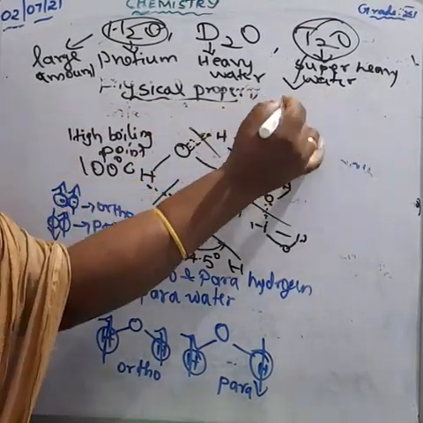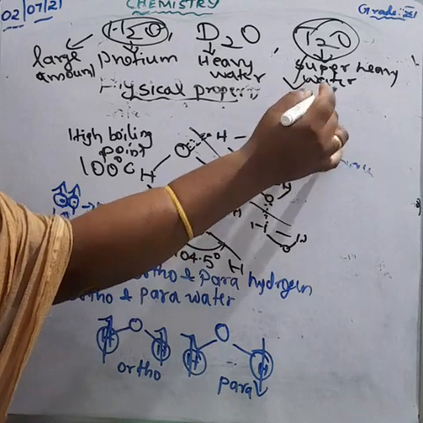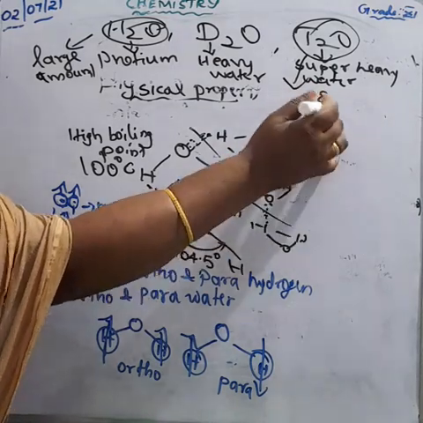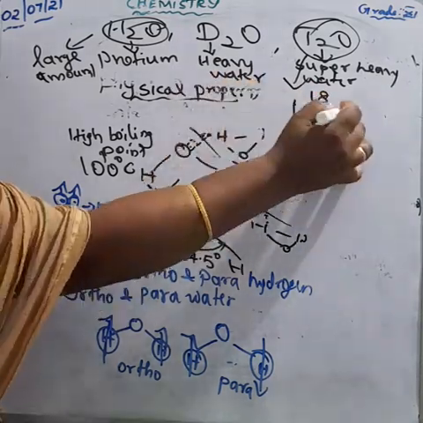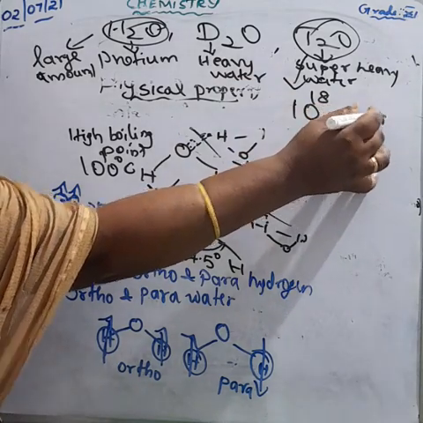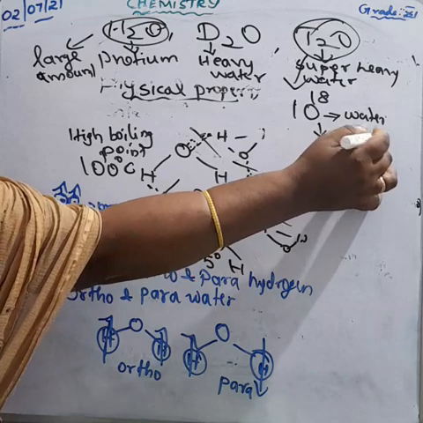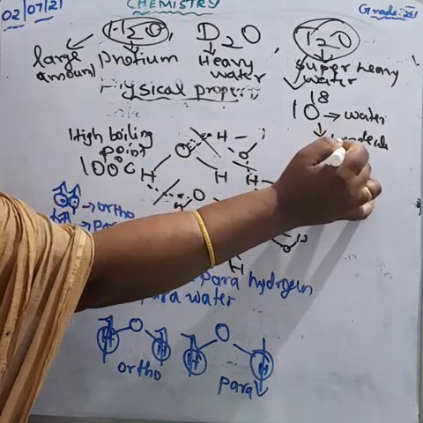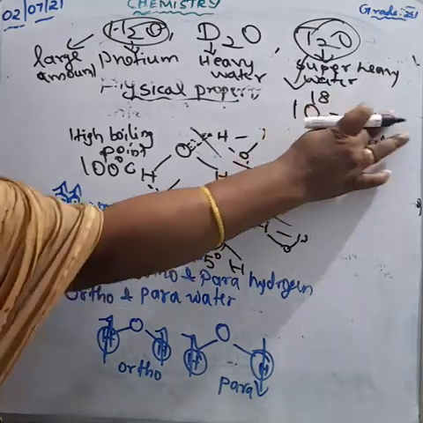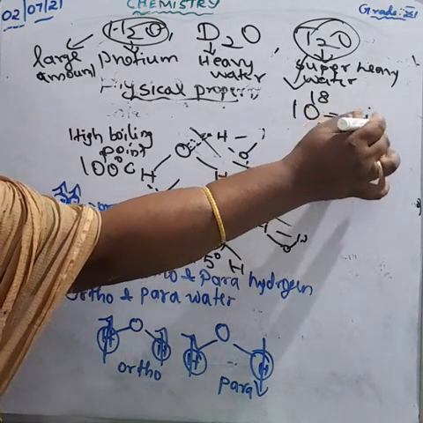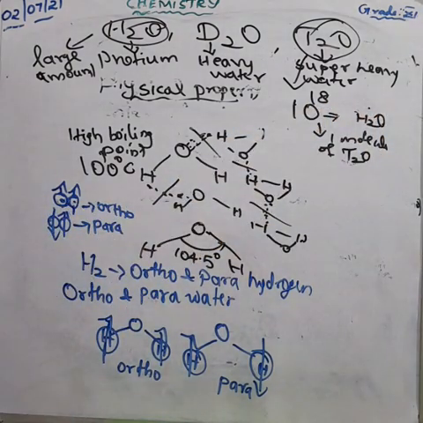That means 10 power 18 ordinary water molecules contain 1 molecule of tritium water, T2O. Understood? Some properties are given here; if you have interest, you can read them.